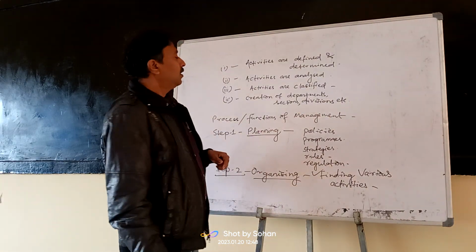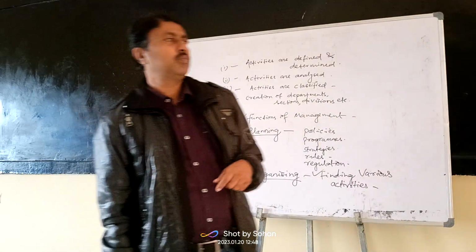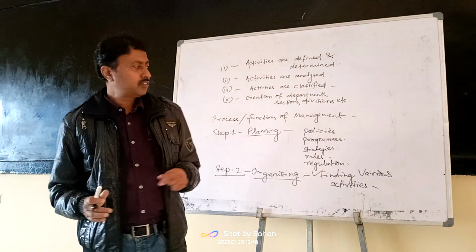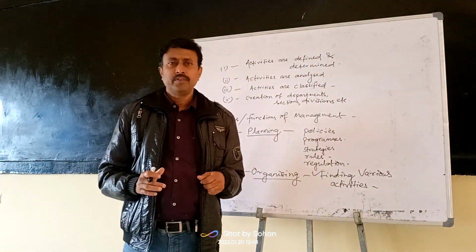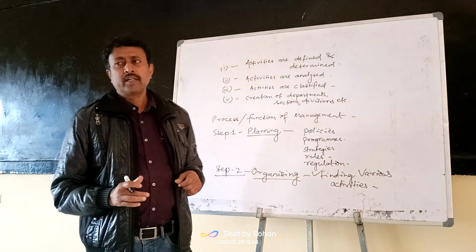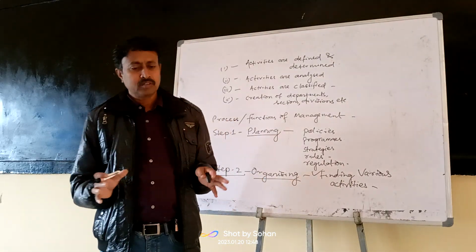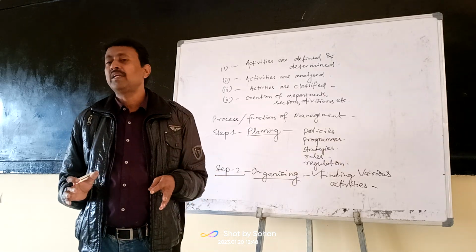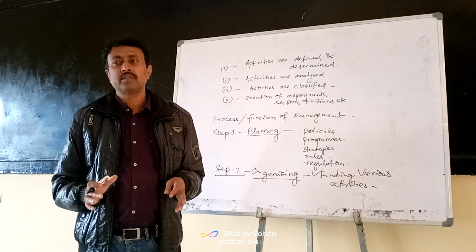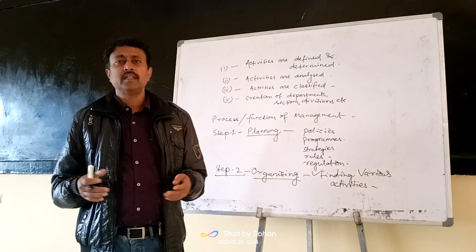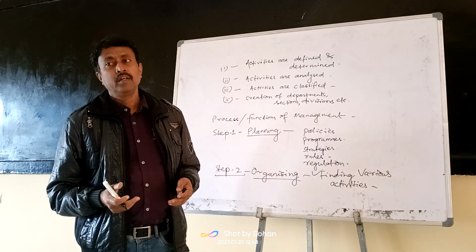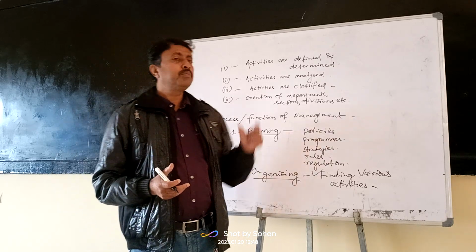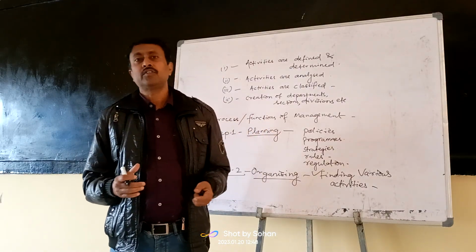Actually, in small size organizations, we will find very few departments and divisions, but in medium and large organizations, there are a large number of them, and accordingly the organizational structure is determined. Sometimes a simple structure is followed, sometimes a complex structure, according to the scale of operation. If the scale of operation is large, then a complex organization structure is used, and one can get an overview of the total organization from the organizational chart.